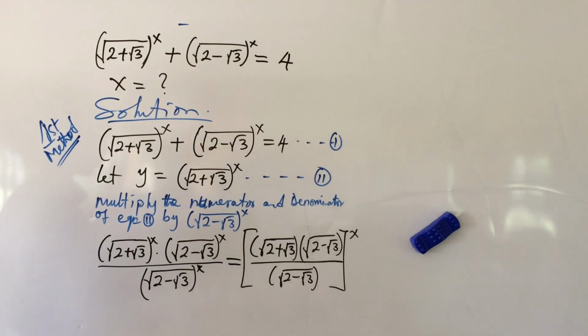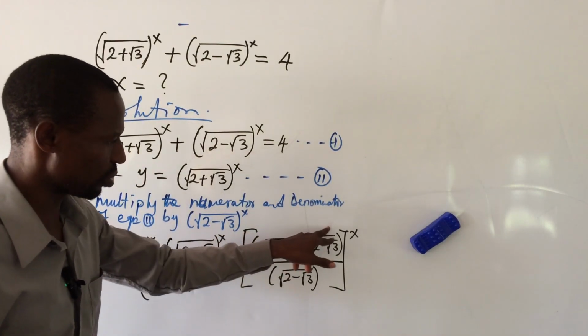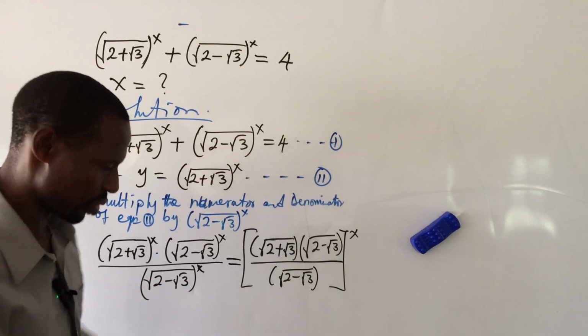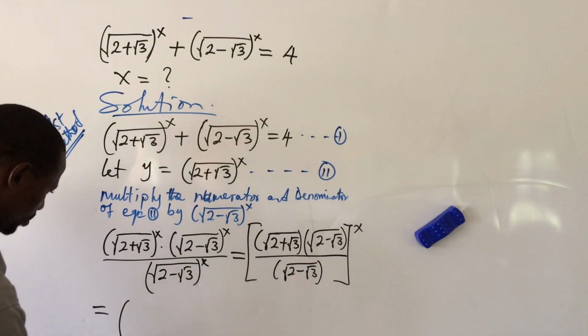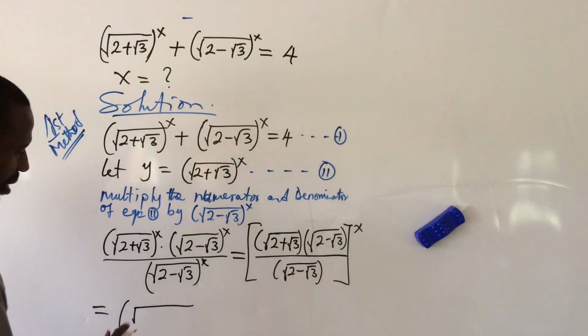This has not really changed anything. And here we have a square root covering everything, so I can bring out this square root, and our expression will automatically become open bracket, then we have the square root of everything.